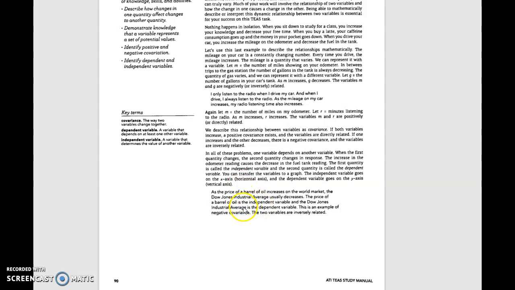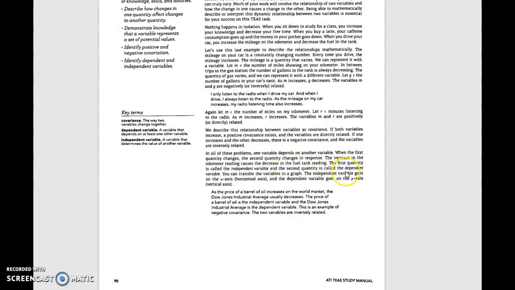As we look at this example, we can read in the paragraphs, it says, in all of these problems, one variable depends on another variable. When the first quantity changes, the second quantity changes in response. The increase in the odometer reading causes a decrease in your fuel tank reading. So the more you drive, the less gas you're going to have. The first quantity is called the independent variable, the odometer reading.